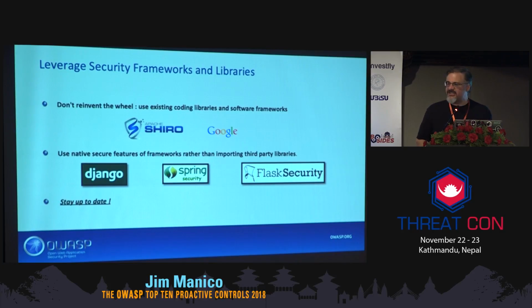We have Spring Security, also for the Java world. Spring Security has a lot of default built-in security, just like Spring Boot does as well. So the goal here is we don't want to have to start from scratch. We want to leverage open source that's already doing security well.